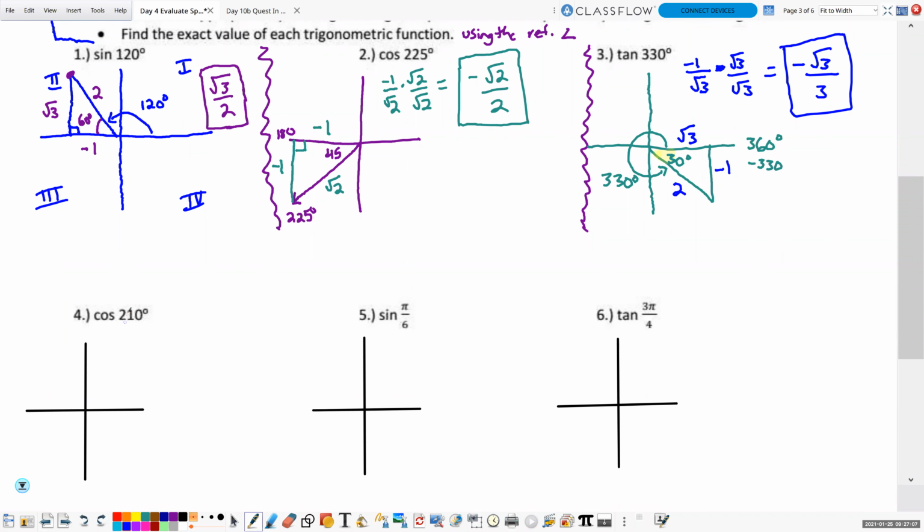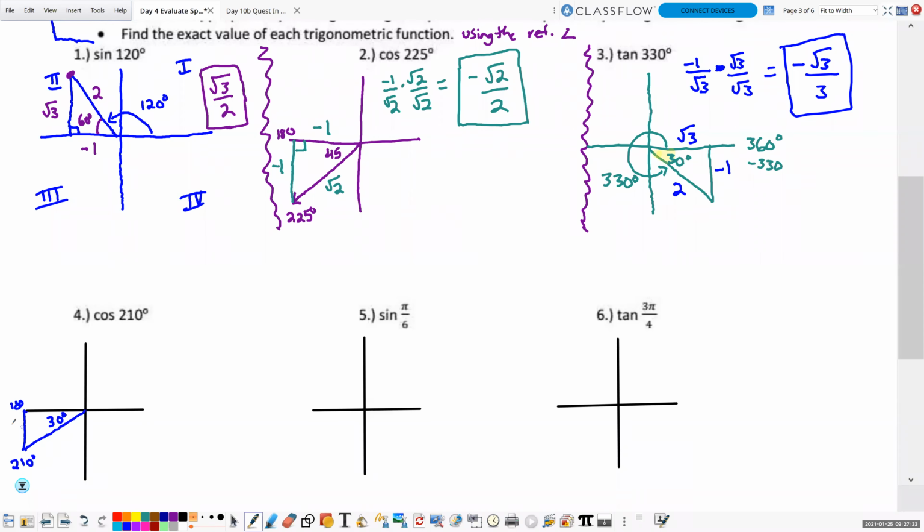Okay, so everybody who sent me 210, 0, 90, 180, yep, 210 falls in the third quadrant. And again, I don't draw the arc because then it clutters up the picture. So then I'm going to draw this to the x-axis. If this is 180, 210 minus 180 is 30 degrees.